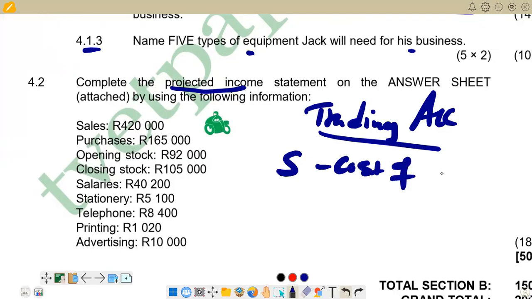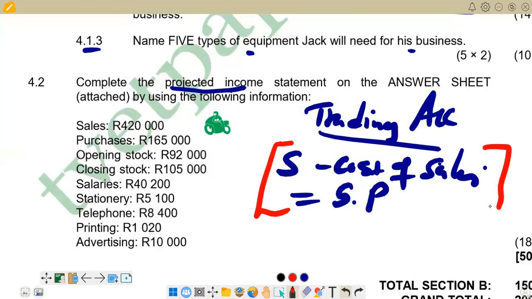Sales minus cost of sales, then you get your gross profit. This is a summary of what we have in the trading account.